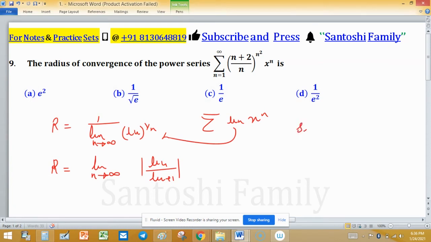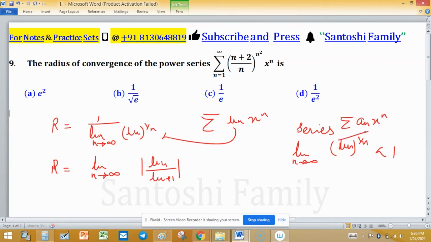a power series or a positive term series by the root test: limit n tends to infinity u_n raised to the power 1 upon n less than 1. If this limit is less than 1, then we say the series summation a_n x raised to the power n is convergent.